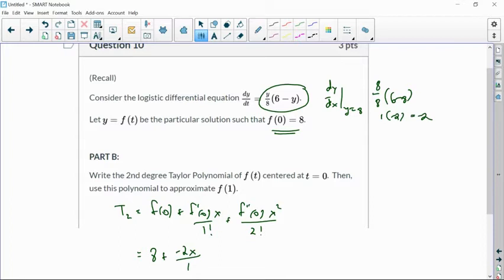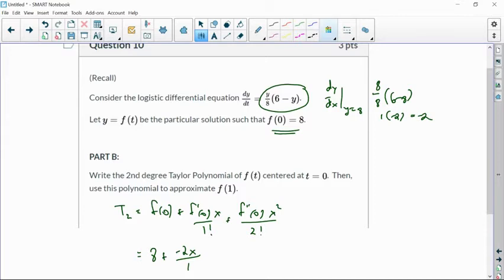But where we maybe made a mistake was that second derivative, because for the second derivative at 0, all I have is this formula here. That means I have to take its derivative. And the thing is, it's implicit because this is in terms of y. So every time you take a derivative of y, you must immediately multiply by dy dt in this case.